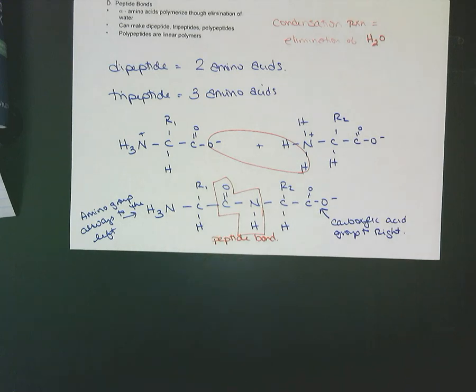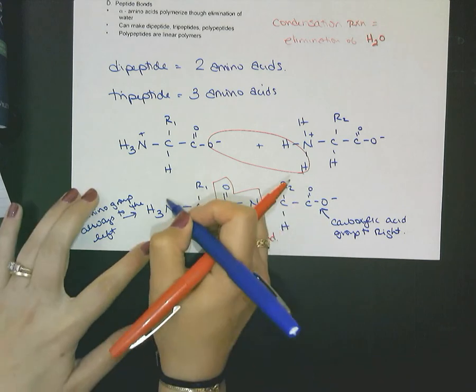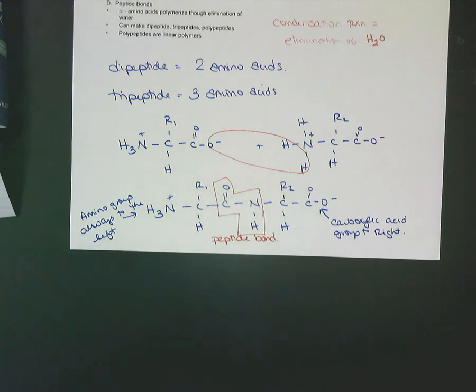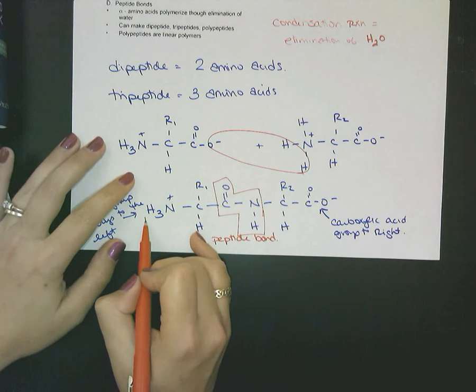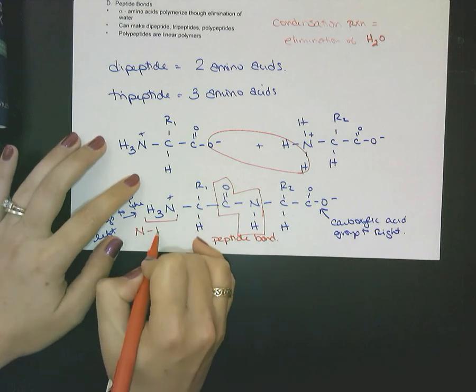And because there's always going to be an amino group on the left, we call that the N-terminus.